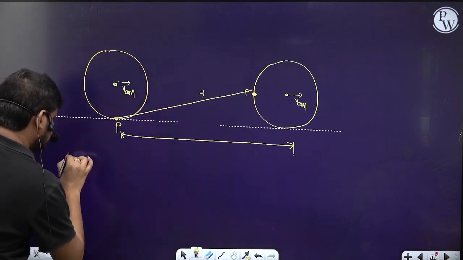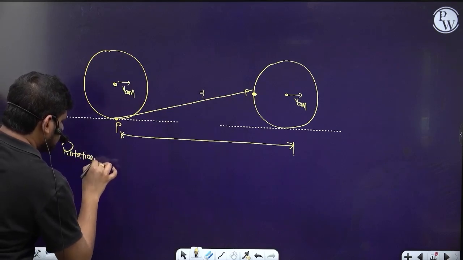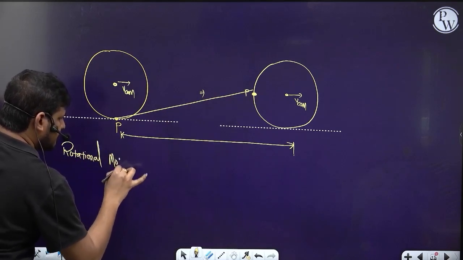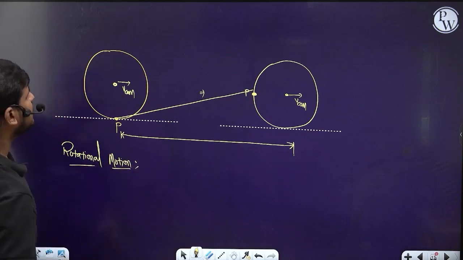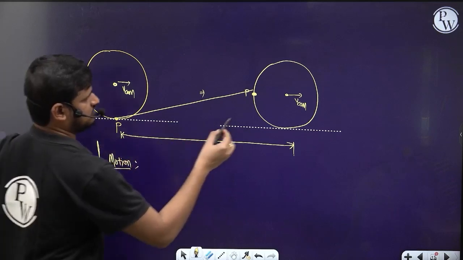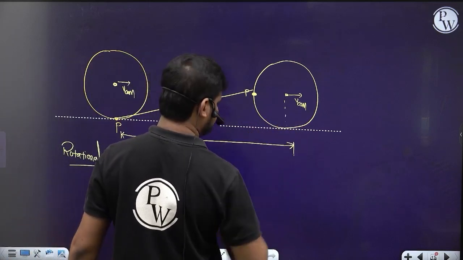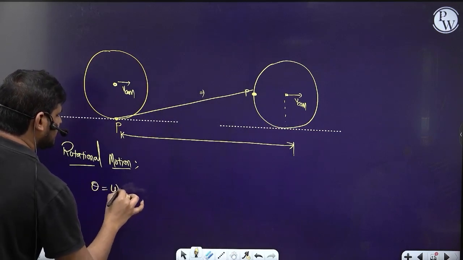See here. First consider the rotational motion of the body. When it reaches this point, we know theta is equal to omega into t.